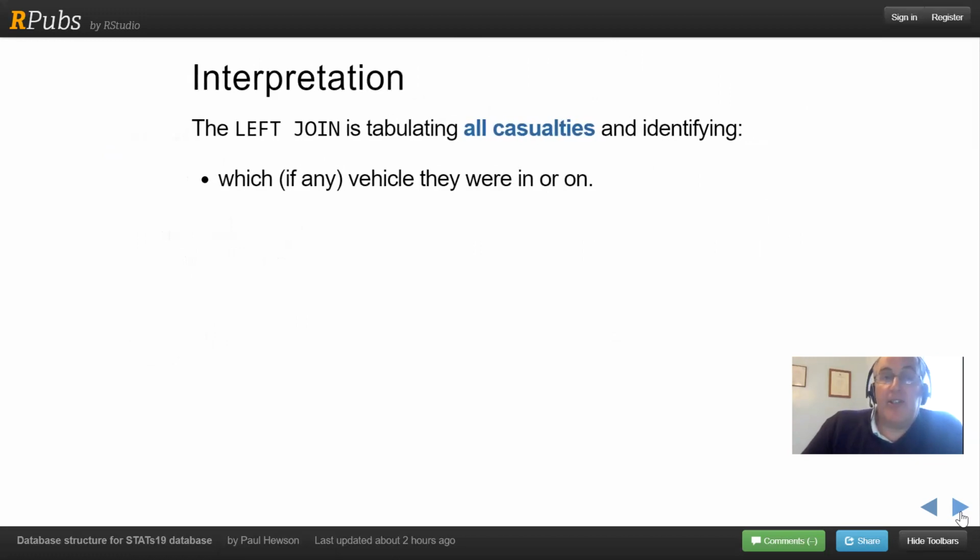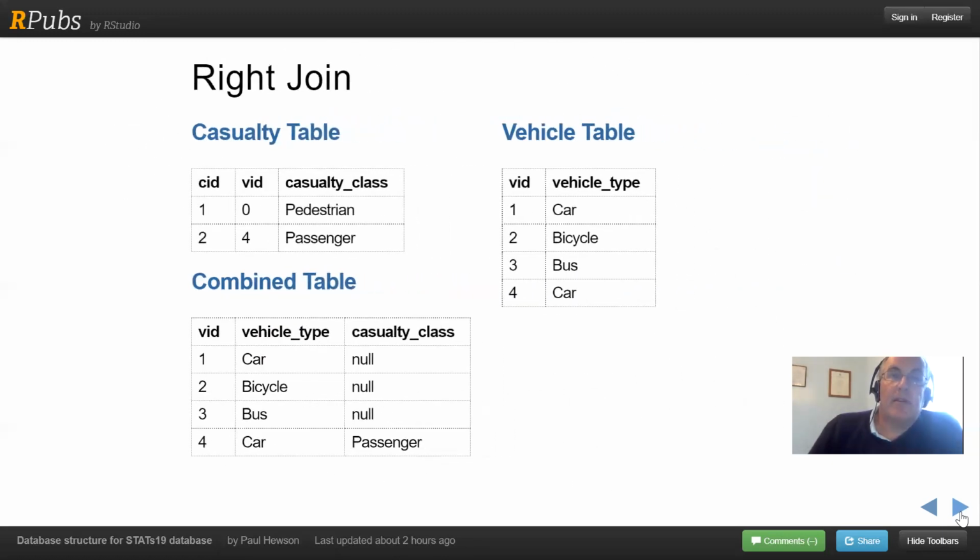So the interpretation is the left join is tabulating all casualties and identifying which, if any, vehicle they were in or on. If there is supplemental information in the vehicle table, that's added to the result set. And if there isn't any, I get nulls for that part of the result set.